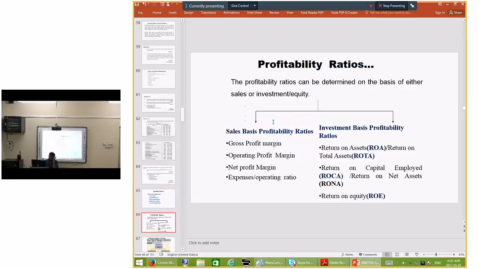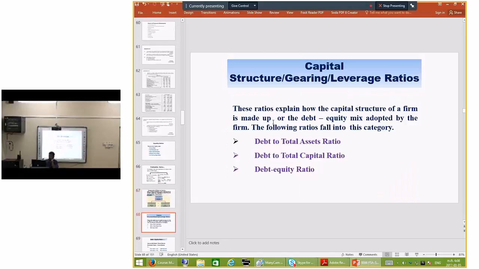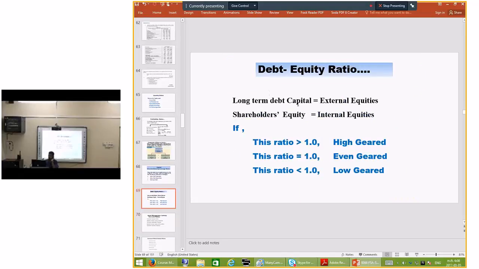Then liquidity ratios, I am not going to discuss again. Previously we discussed them. Now when you are discussing the debt equity ratio, this criteria benchmark is very important, right? If the debt equity ratio is greater than 1, that means debt is higher than the equity, which means higher geared, so the loan or the debt is higher than the equity.